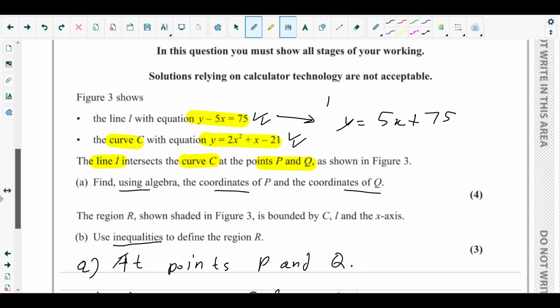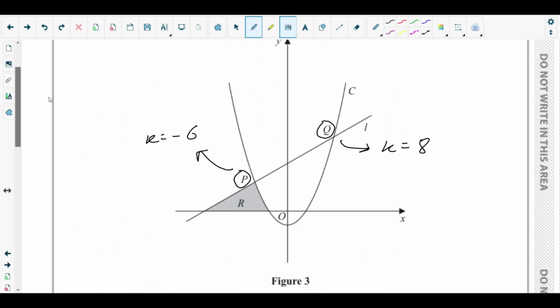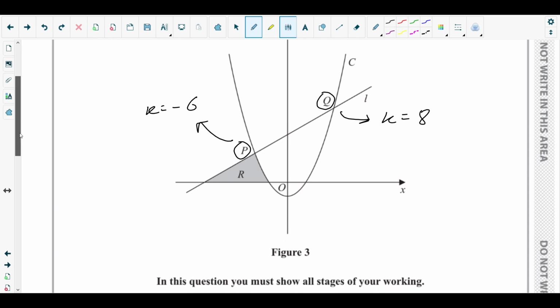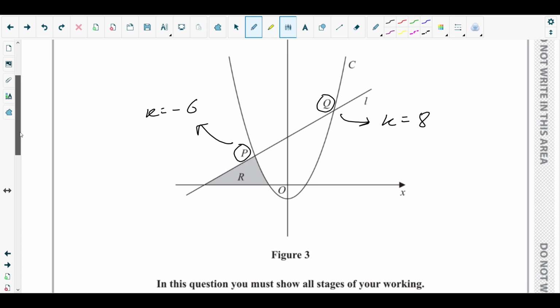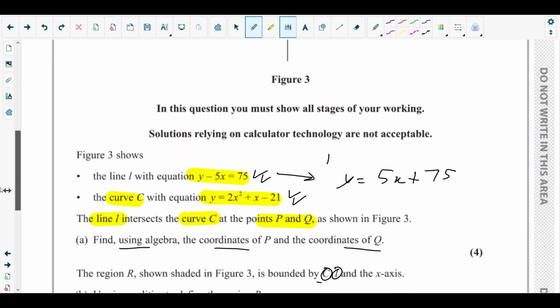Next, they said it's bounded by the curve C and line L. So we already considered line L. Now let's consider curve C. With respect to curve C, the position of the region R is also below the curve C. So same case as line L, at region R, the y values would be less than the y values of curve C. The y values of curve C are given by 2x squared plus x minus 21, right?